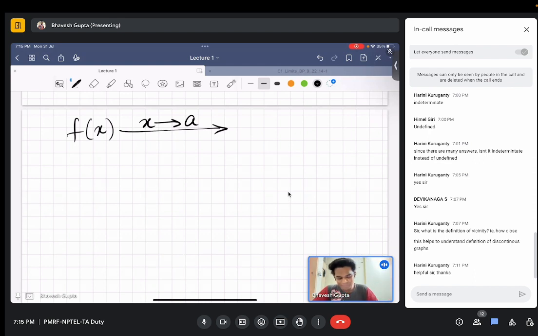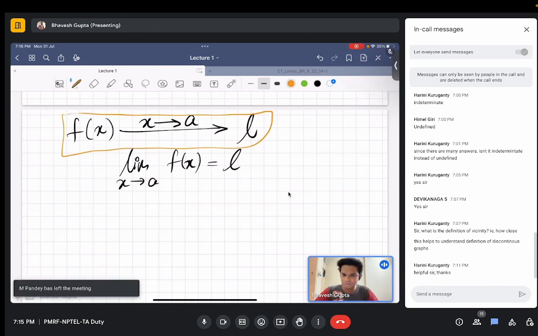I just want to understand the limiting value of the function when the input is very close to A, and let's say the answer is L. Another way to write this, these are just notations and representations, nothing serious. This is also another representation which you might have seen a lot in your 11th and 12th standard, maybe in higher school. But this is somehow a new notation.